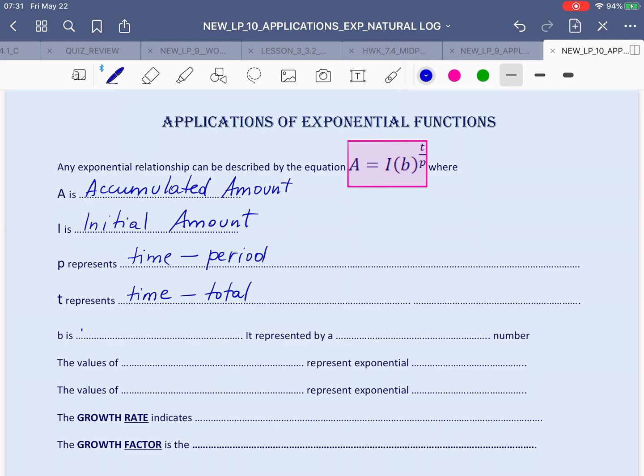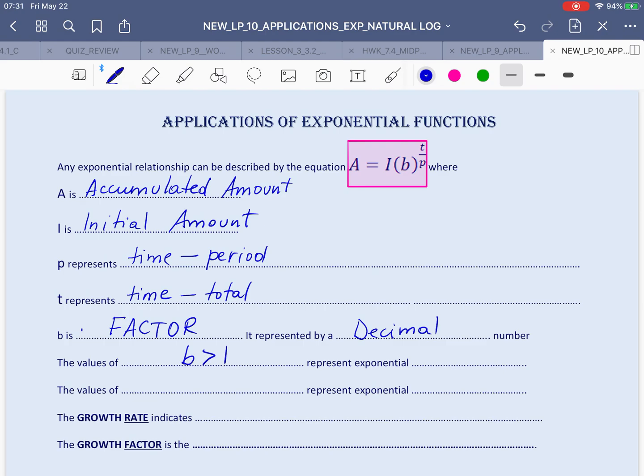Now we're going to talk about the last letter in the equation, B. B is what we call the factor. It can be a growth or a decay factor. I'm going to write for now just the word factor. It is represented by a decimal number normally.